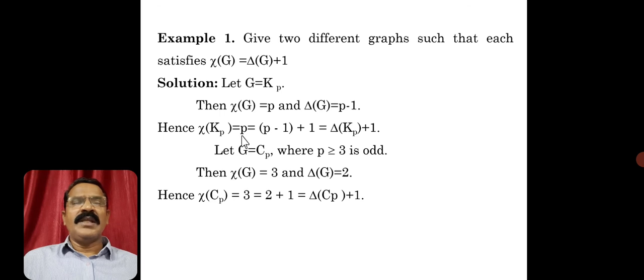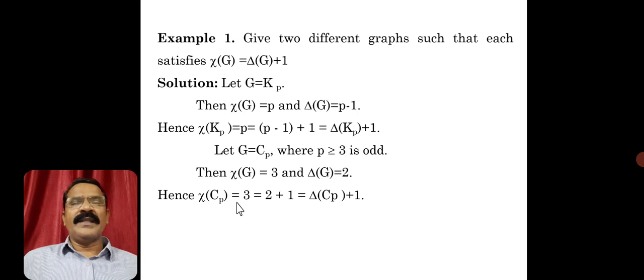It will be p minus 1 plus 1. But p minus 1 is the maximum degree of Kp, so the chromatic number of Kp is the maximum degree of Kp plus 1. So this is one example which satisfies the condition.